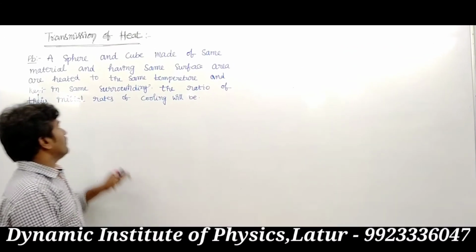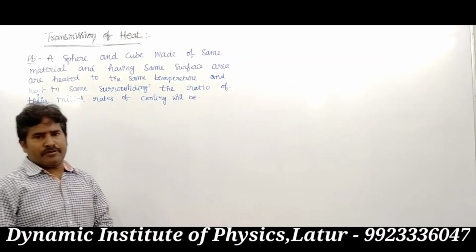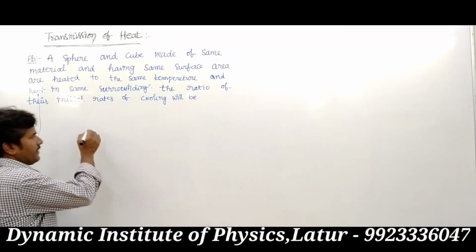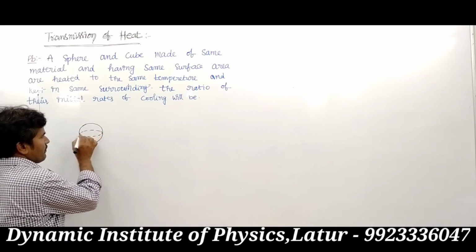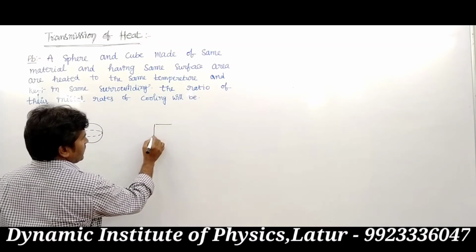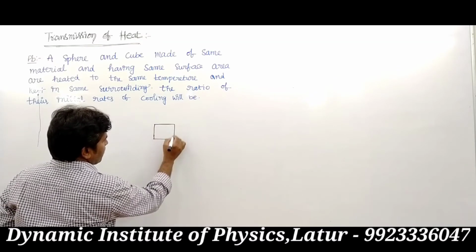In the given problem, two bodies are given, a sphere and a cube, having the same area of cross section.